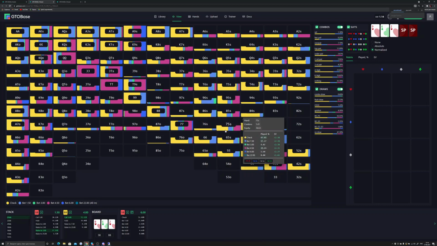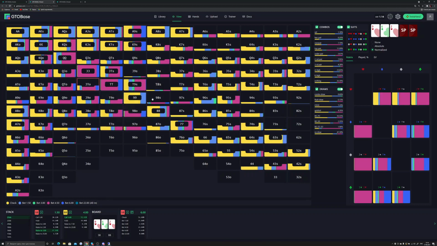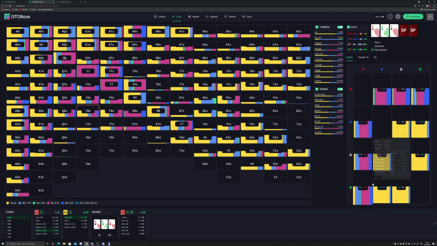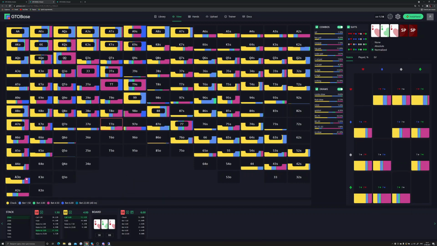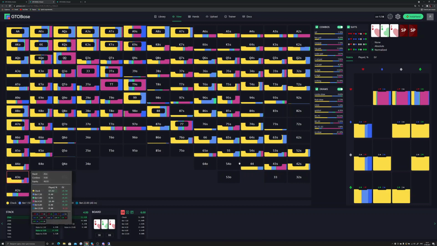And mostly our value betting range is those pretty strong but pretty vulnerable hands like 9x combos, and some decent backdoor hands like a Jack 10 offsuit, for example, or Jack 8 with a heart, or a gut shot, or Ace 3 with a heart, very interesting hand to bet in my opinion, and so on.